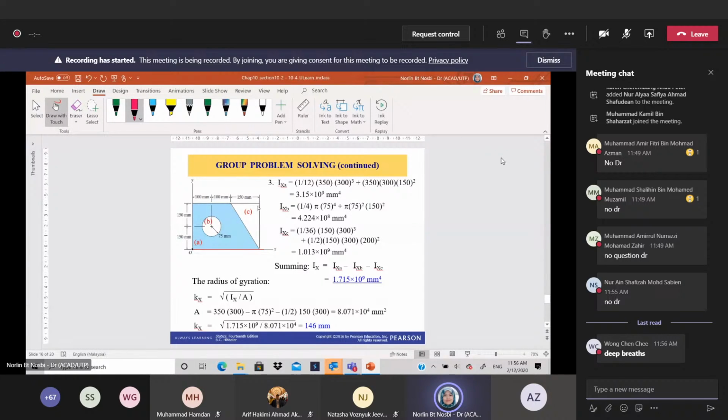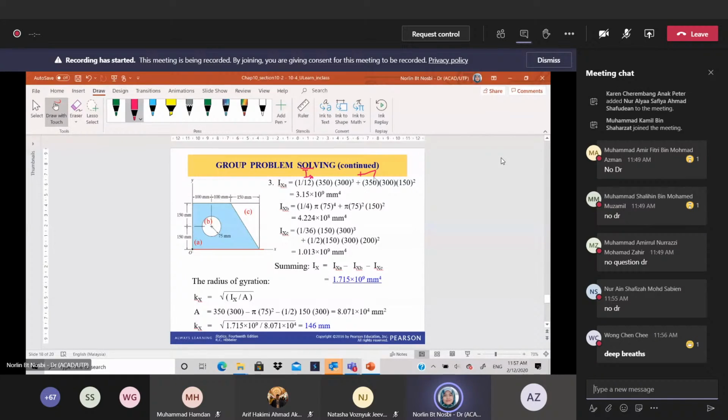You see the centroid is at the middle, the middle is 150 for Ix. For shape B, the middle here would be 150. And then for the triangle, what's the middle for the triangle? It's 200.